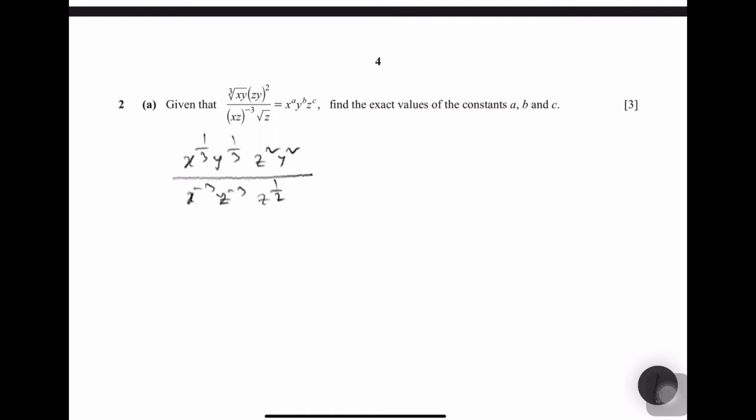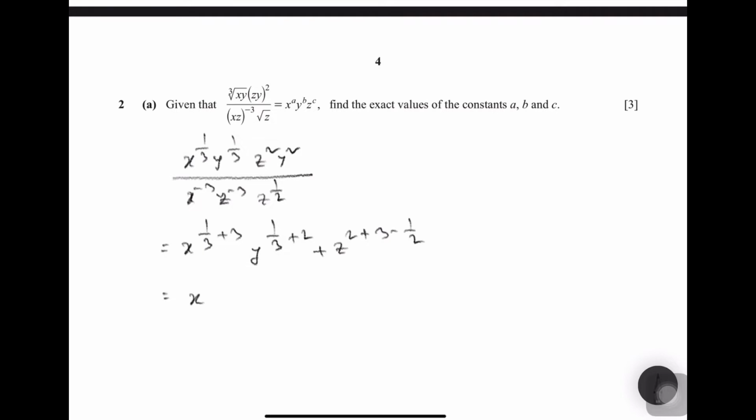Now the base is the same. We can add the powers for multiplication. The base is the same for division, so we can subtract the powers. So 1/3 plus 3, and we can write y to the power 1/3 plus 2, z squared minus, plus 3 minus half. Now let us simplify.